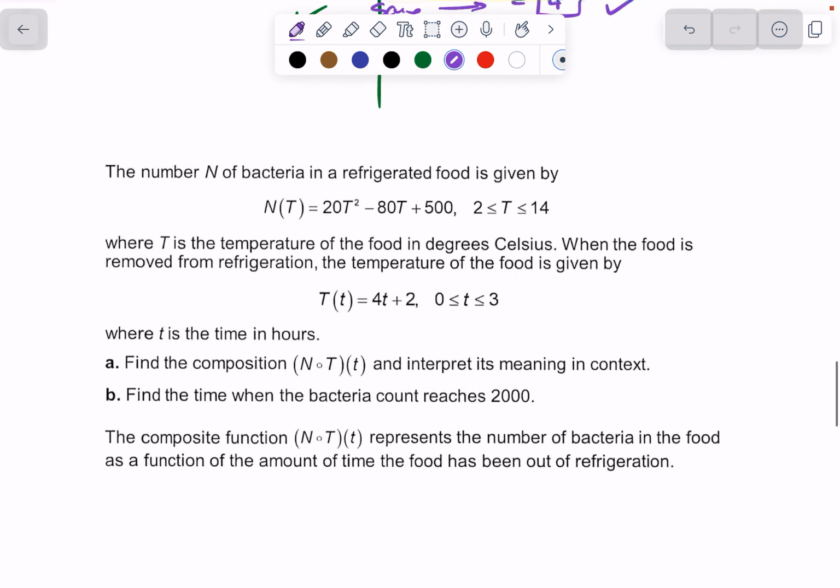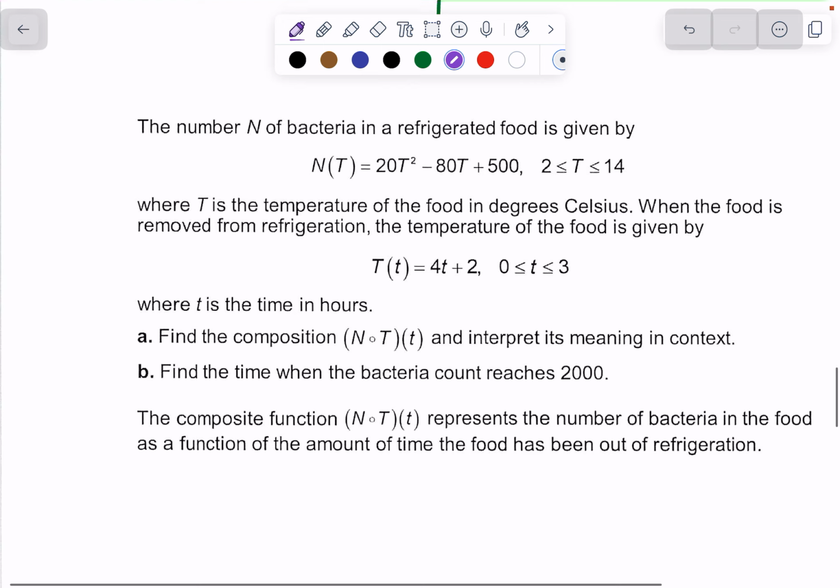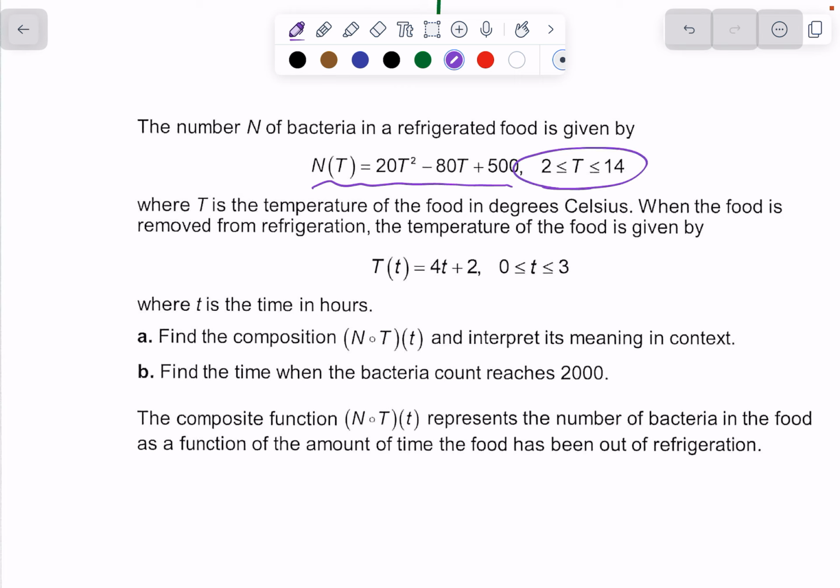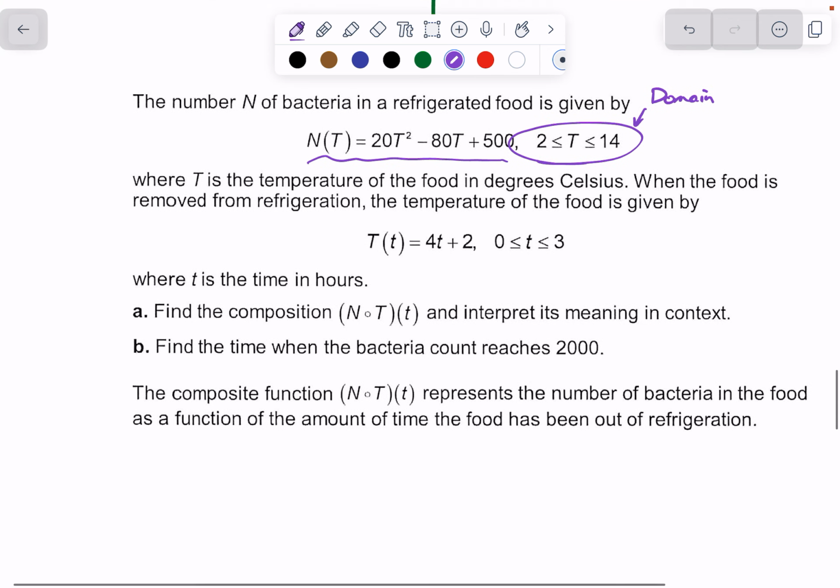Okay, and here's a nice little real-world problem. The number n of bacteria in a refrigerated food is given by this equation. It's just a function. We'll deal with it later. And this right here is essentially the domain, where capital T is temperature in degrees Celsius, and the temperature is given by this equation, where t is time.